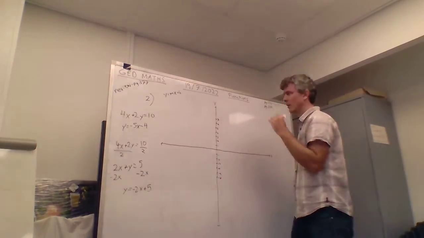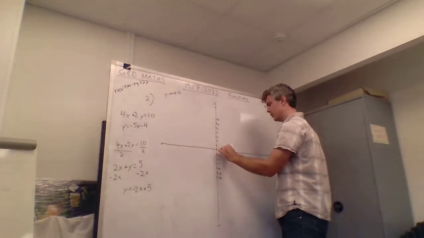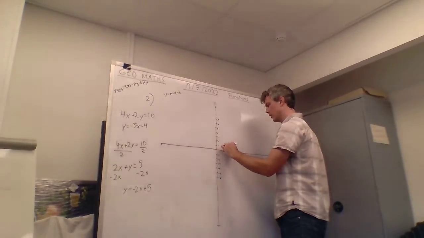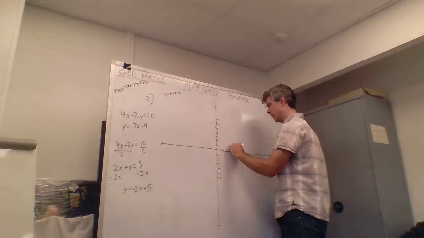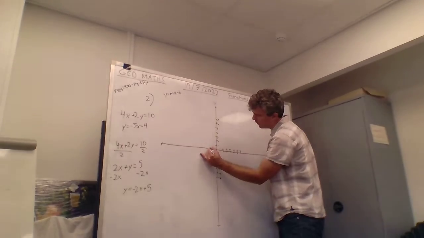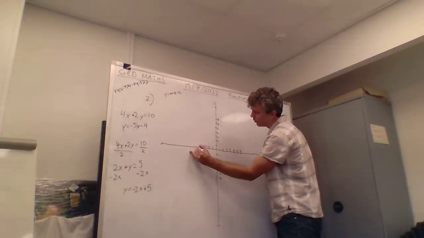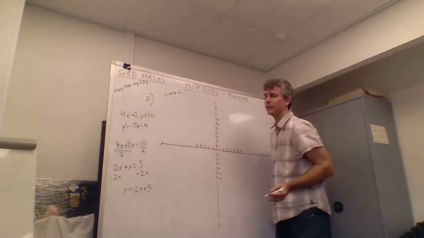Okay. And I'll do the x's as well. 1, 2, 3, 4, 5, 6, 7. And on this side, minus 1, minus 2, minus 3, minus 4. Let's just start with minus 5 for now, and we can fill in as we need.